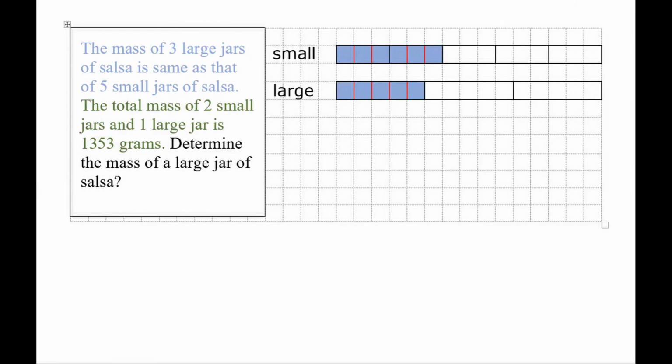So now read the green part of the question, and that basically tells me what I've shaded blue: 2 small jars and 1 large jar together weigh exactly 1,353 grams.